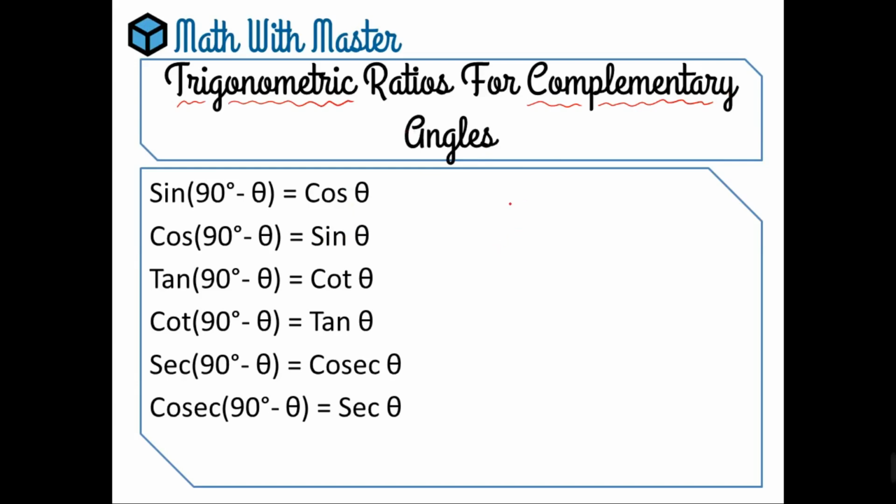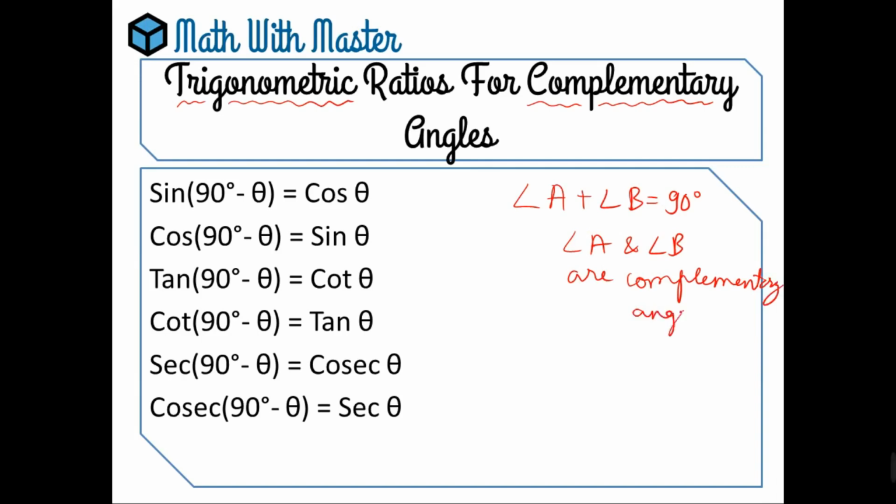Complementary angles are angles which make a sum of 90 degrees. Like, if angle A plus angle B is equal to 90 degrees, then angle A and angle B are complementary angles. So these are your complementary angles.